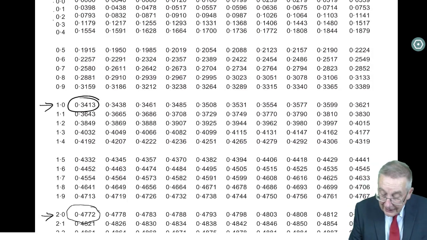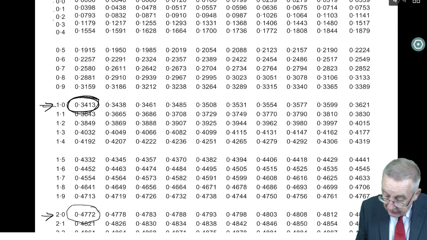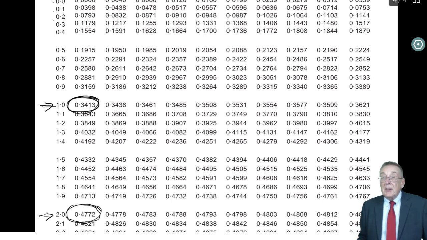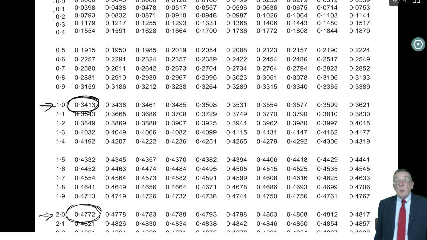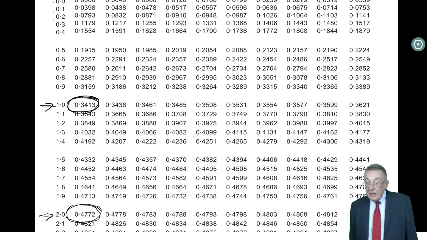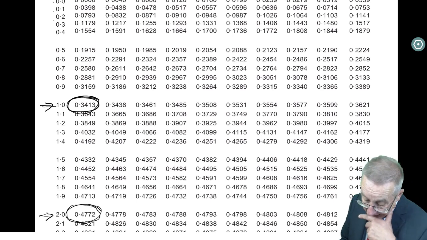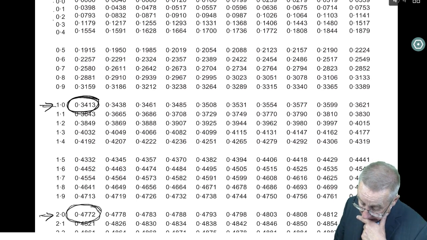Before we knew the z and we got an answer, 0.3447. But now I want to know what z gives me an answer of 0.45. Let's have a look. 0.4554, that's too big. So 0.4463, 74, 84.